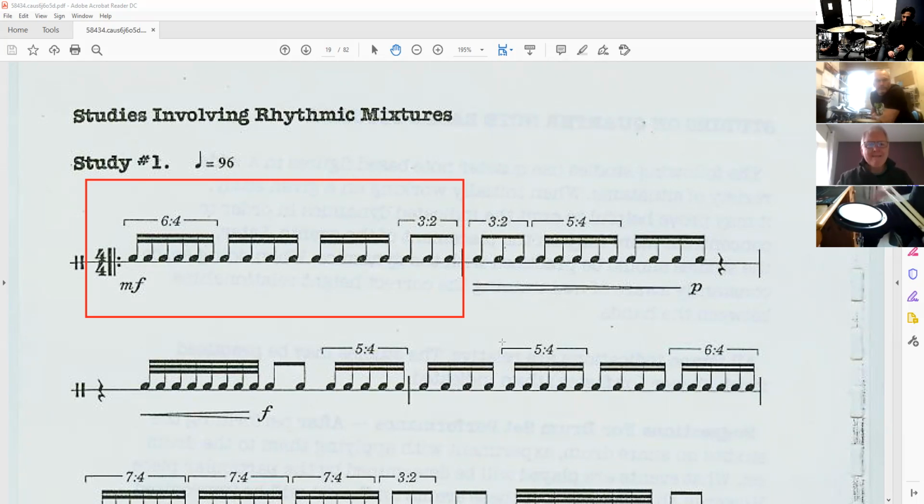Sixteenth notes, 16th note triplets and triplets. I'll give you a 90% score on that answer. You did so well until you labeled the last one as triplets. It's the 3 against 2, it's not a triplet.